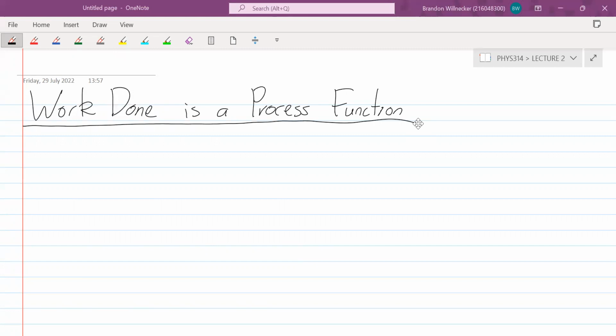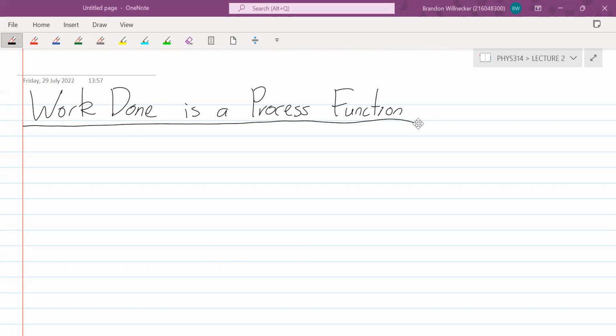So given a state, you can tell me what those are. However, work done, you want to calculate the work done by a system or the work done on a system, that is a process function. So to calculate it, you need some curve in the state space.